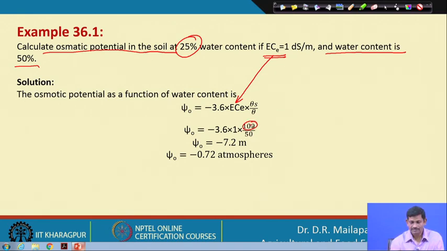Net result anyway it will not change. Then you get psi naught equal to minus 0.72 atmospheres, because 1 atmosphere is equal to 10 meters.